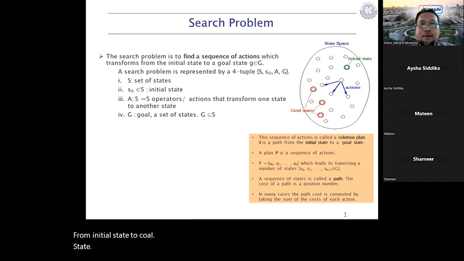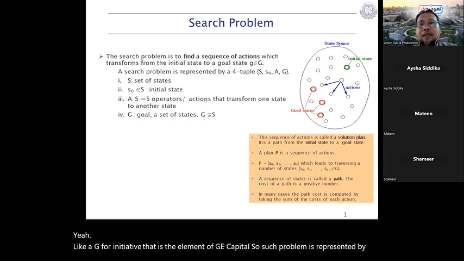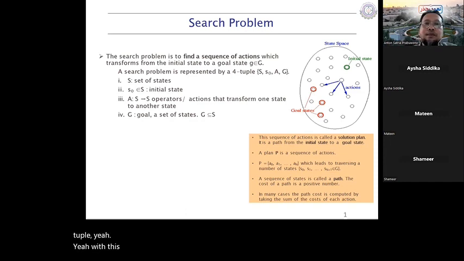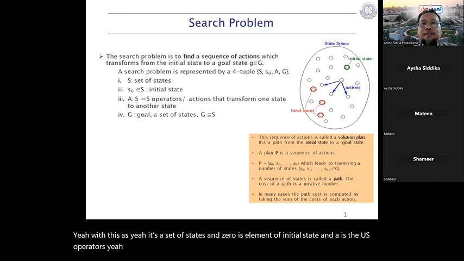Such a problem is represented by a 4-tuple, with S as a set of states, S0 an element of S as the initial state, A as the set of operators, or actions, that transform one state to another state, and G as the goal, a set of states.